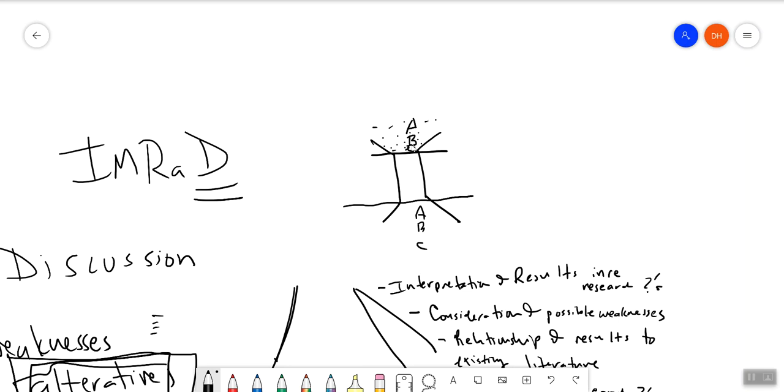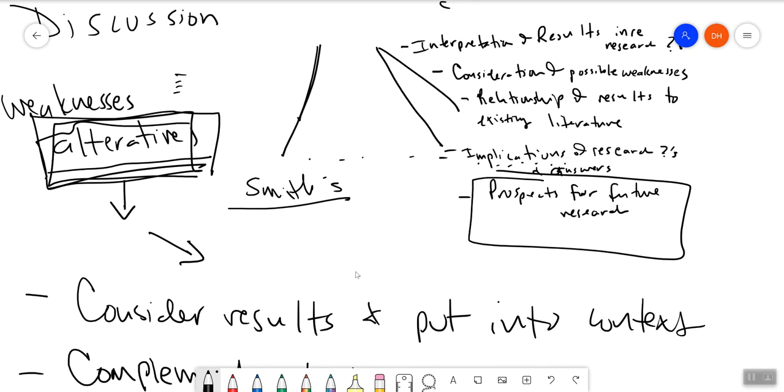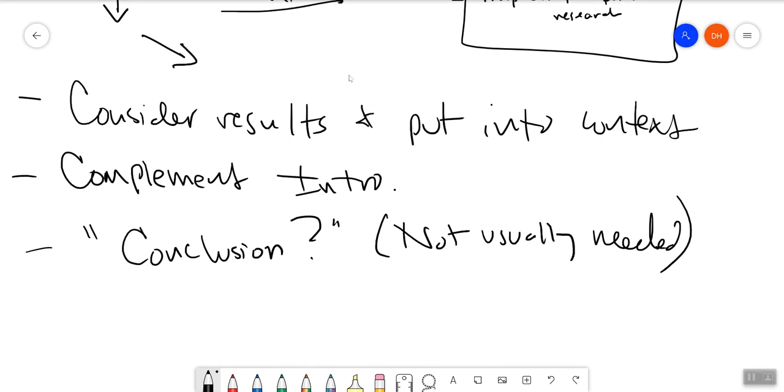So if you forget to include research question C in your introduction and suddenly you've got C down here, that's going to be confusing. Any reader would say, well, why didn't you discuss this up here if you're making this conclusion? Okay, so this is about your accountability to your research questions. So that's what I mean by complement the introduction.